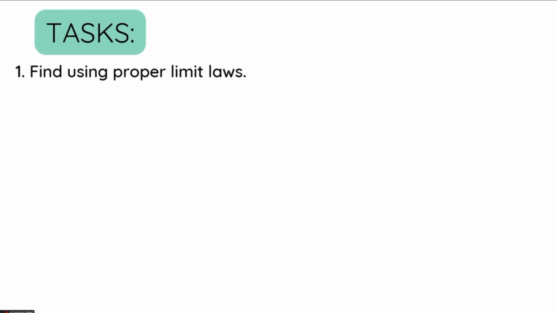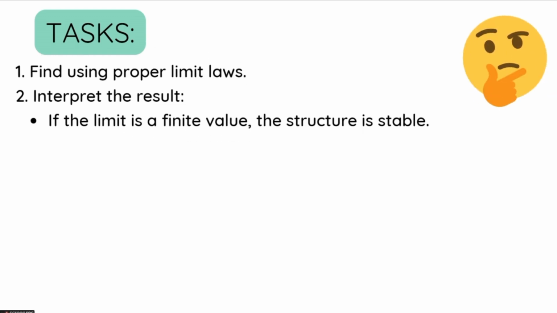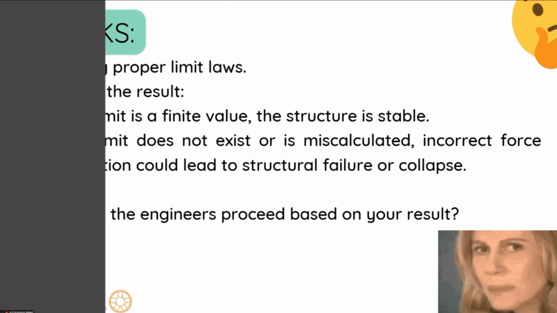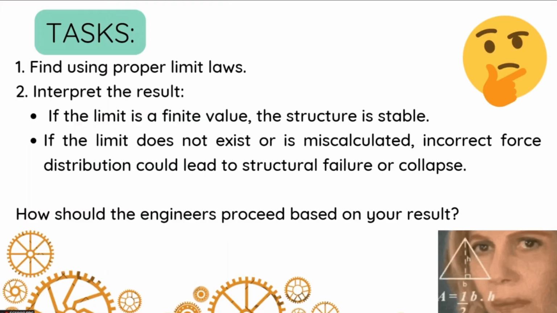You need to find the limit using limit laws and interpret the result. If the limit is a finite value, the structure is stable. If the limit does not exist or is miscalculated, incorrect force distribution could lead to structural failure or collapse. So, engineers, we've got a classic case of a limit problem.